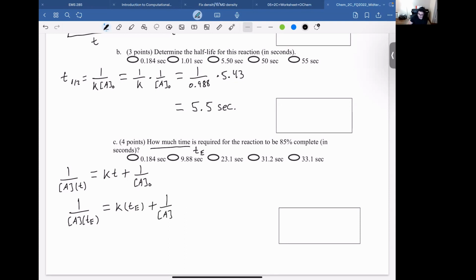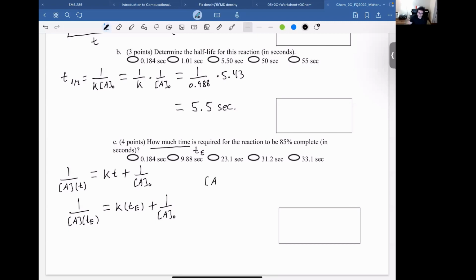Well, that didn't really do anything. I have this equation and I have a lot of unknowns that I can't do anything with. I have K, right? And I have 1 over A naught, but I have TE as an unknown and concentration of A as an unknown. However, what you can do is say, at this time, I know how much reactant I have left, right?